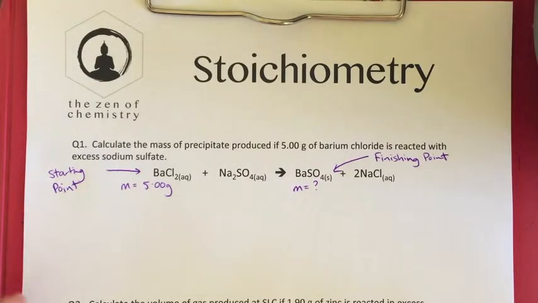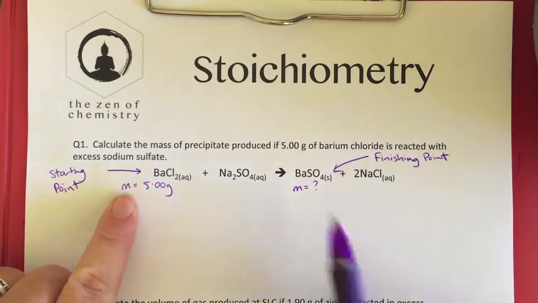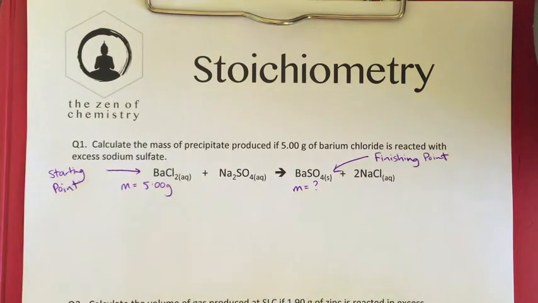So essentially we can start by calculating number of moles. We can't work from mass to mass. Stoichiometry always works through number of moles and the stoichiometric ratio.